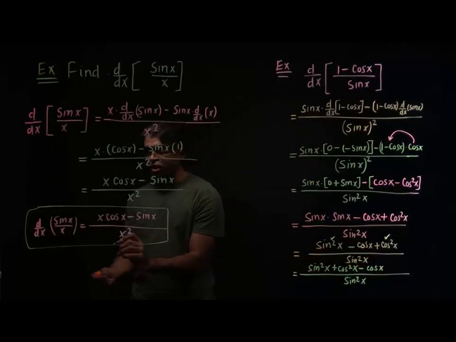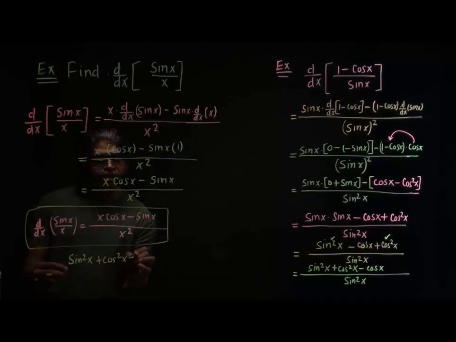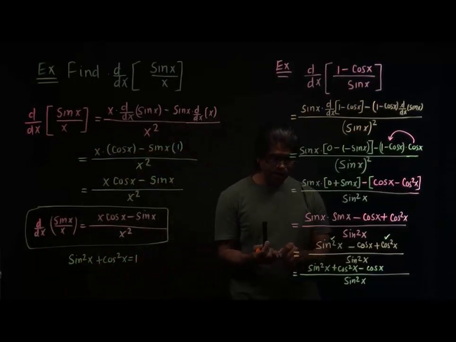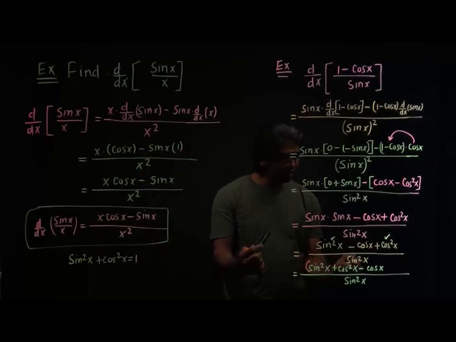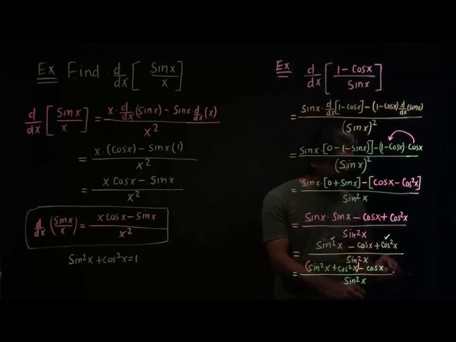If you remember from trigonometry, sine squared x plus cosine squared x is equal to 1. So I'm going to replace sine squared x plus cosine squared x with 1, and then I will write 1 minus cosine x over sine squared x.